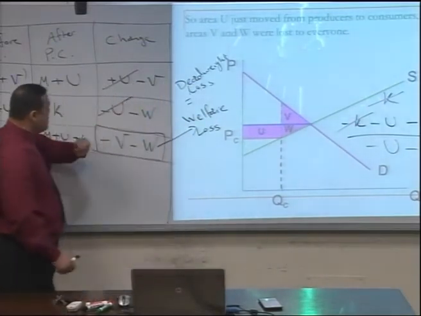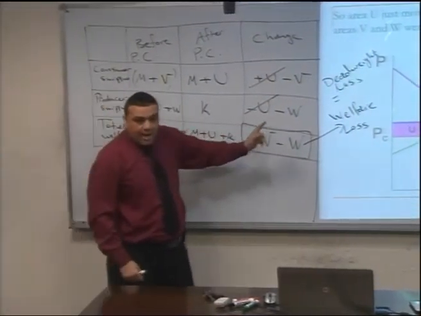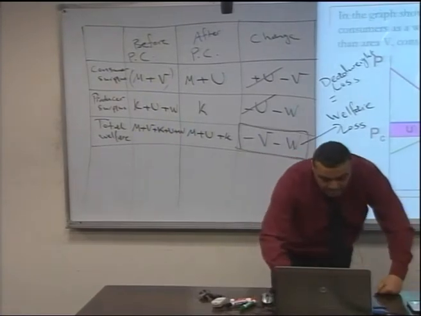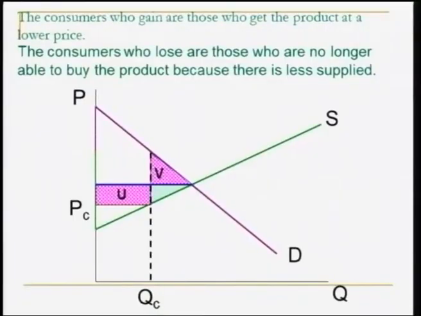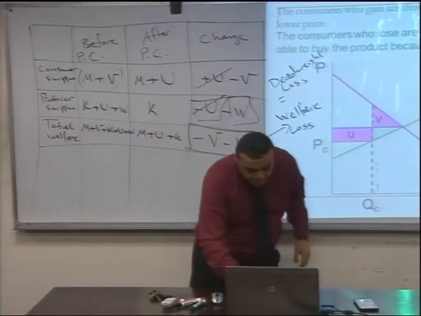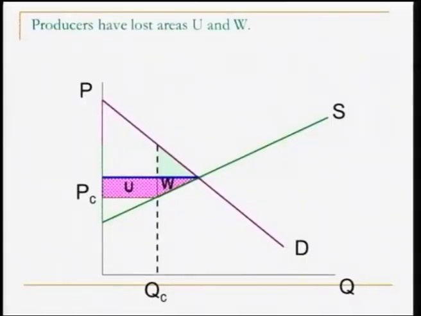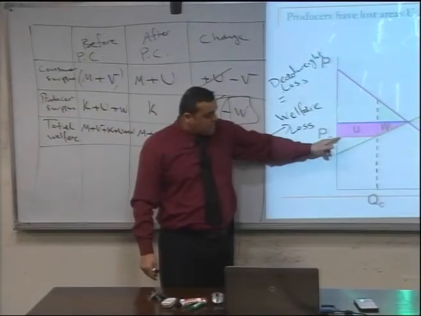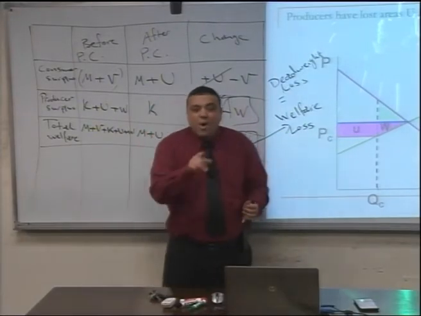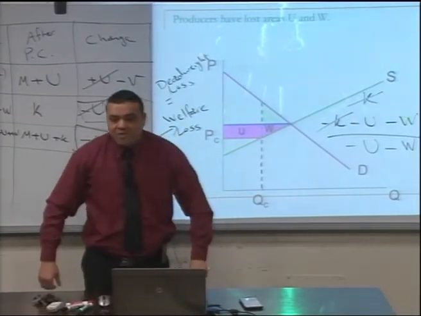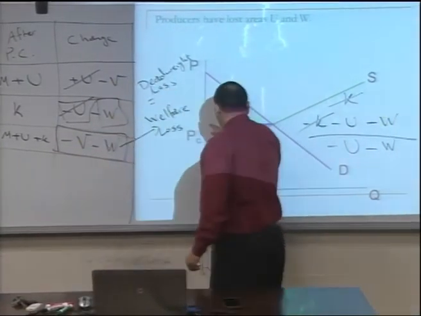What about the producer here? As imposing the price ceiling here, the producer lost U and W. Due to imposing a price ceiling policy, how much was the producer welfare?